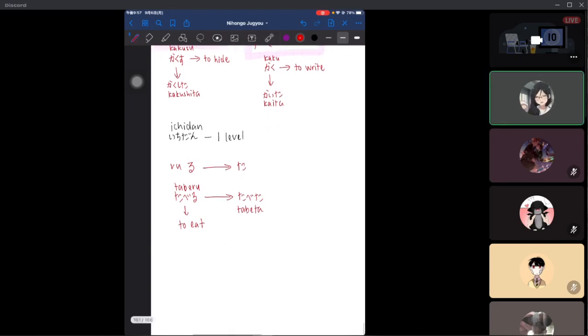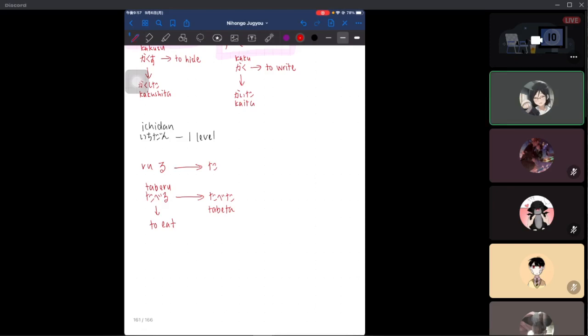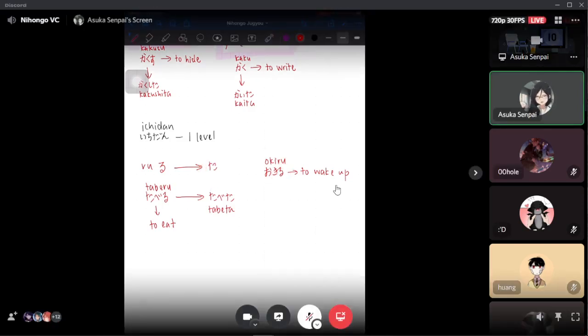Another example of an ichidan group verb would be okiru, which means to wake up. So basically, again, you just take the ru and change it to ta when you want to conjugate it into past tense short form.